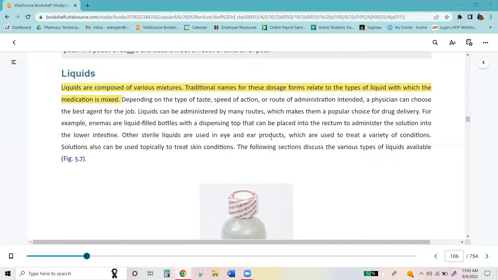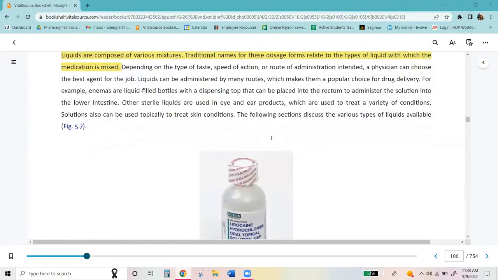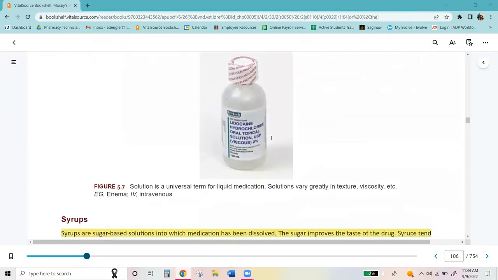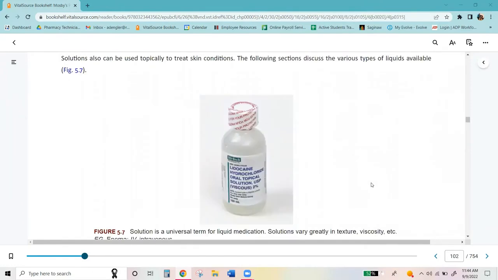Other sterile liquids are used in eye and ear products, which are used to treat a variety of conditions. Solutions can also treat skin conditions topically. Now we will talk about the different types of liquids available.